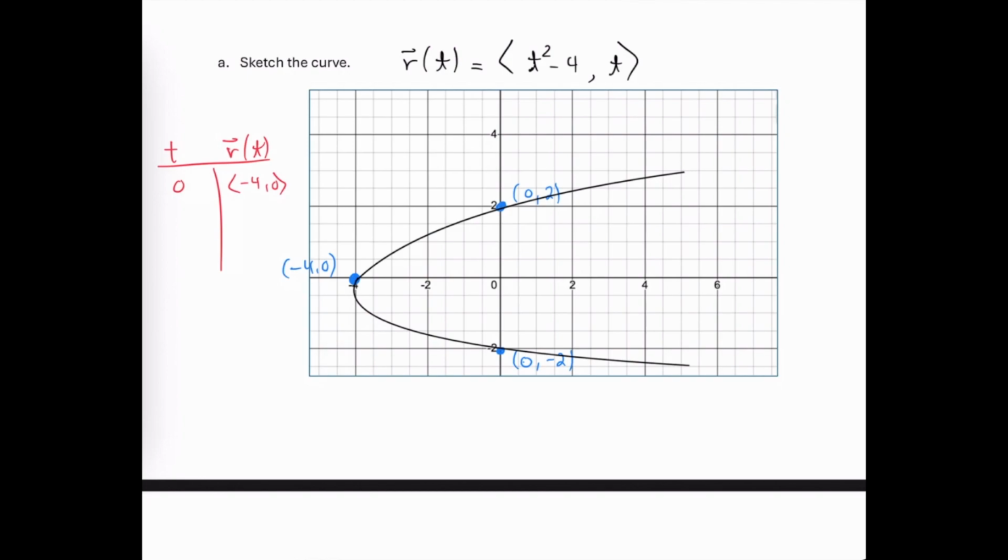And if t is equal to, let's say, 2, we get the vector output that is (0, 2). So that's enough for me to say that at time equal to 0, I get a vector whose terminal point is at (-4, 0). At time equal to 2, I get a vector whose terminal point is at (0, 2), and therefore my particle must be traveling this direction around the outside of the curve.